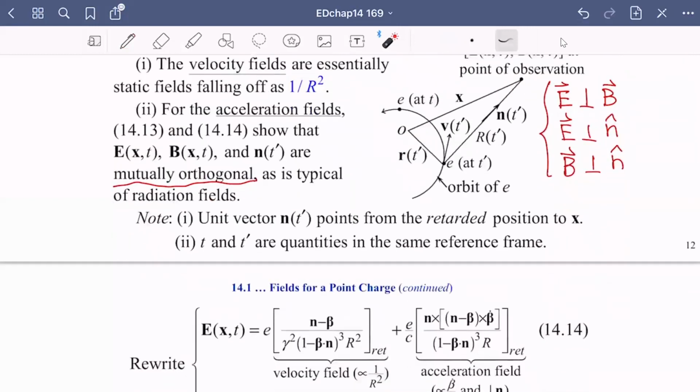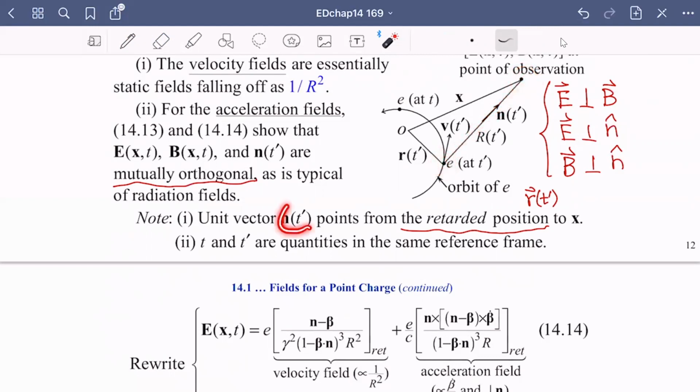Unit vector N points from the retarded position, r(t'), this is the retarded position, to X. 就是从这里 from here to here, from the retarded position to here. One more time, to here.